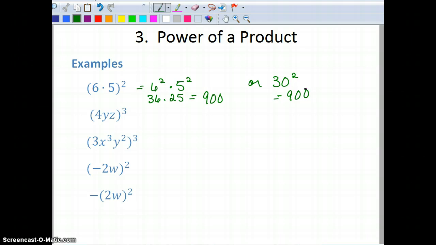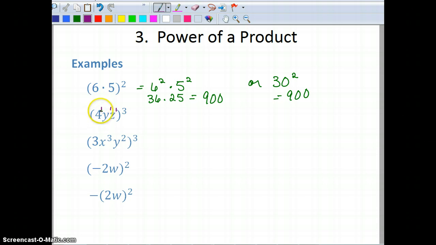Okay, now my next one, I have 4yz cubed. So remember, this 4 is multiplied by y, which is multiplied by z. So I'm going to multiply the exponent of each of these variables and also my constant.